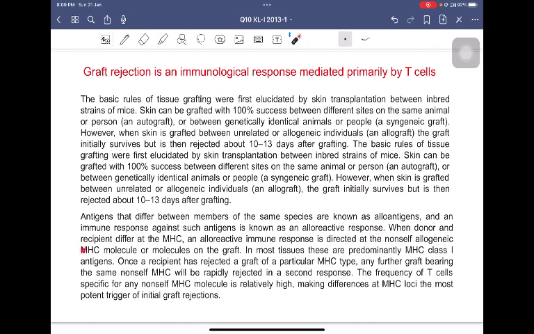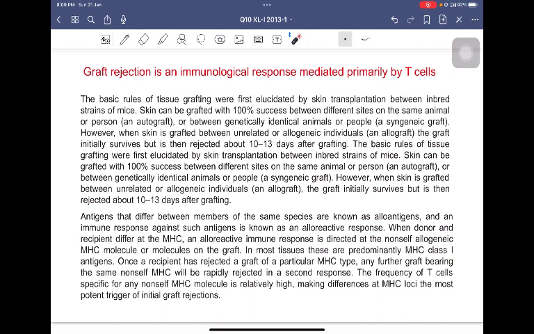Now, when donor and recipient differ at MHC, the major histocompatibility complex, these molecules can differ between different individuals because we know that MHC is polygenic and polymorphic. So there is a lot of variation of MHC in different individuals.